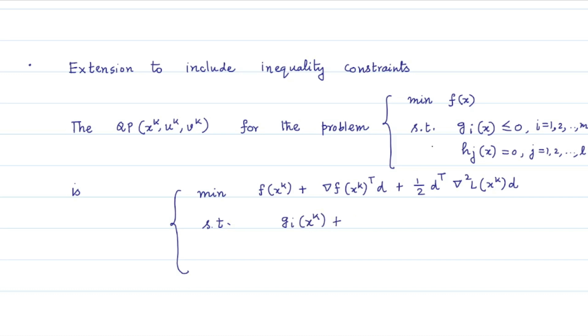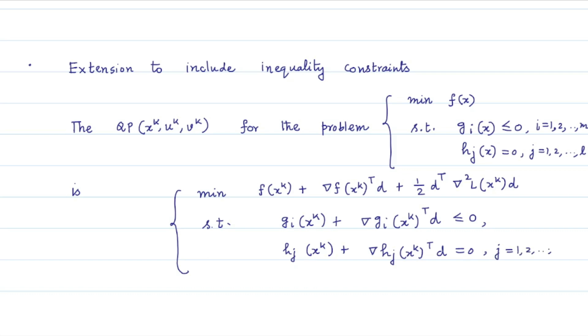A linearization of this inequality constraint at the point xk is given by g_i(xk) plus the gradient of g_i at the point xk transpose d is less than or equal to 0, and for equality constraints, those we have identified earlier, this equation for each j = 1, 2, till l, and here for each i = 1, 2, till m.